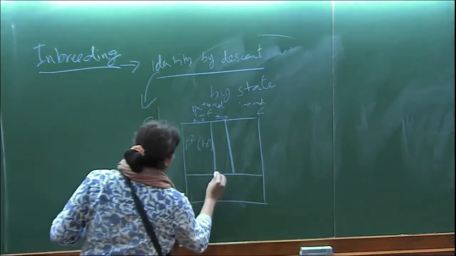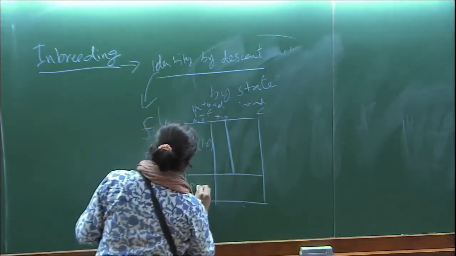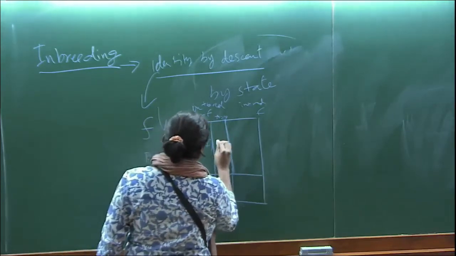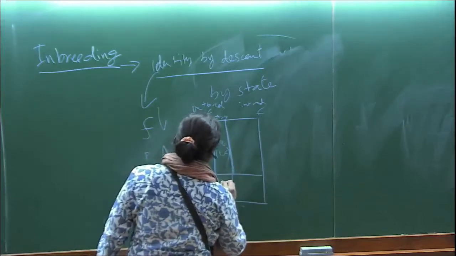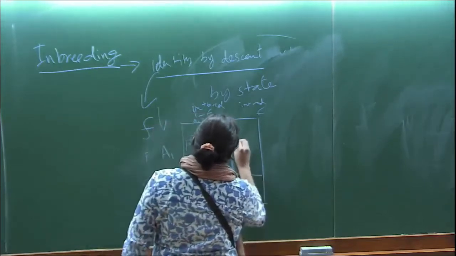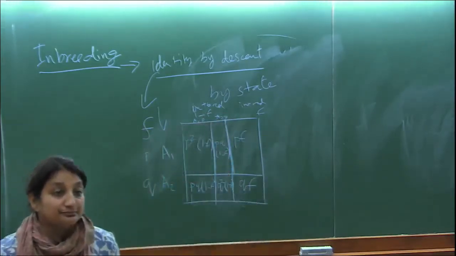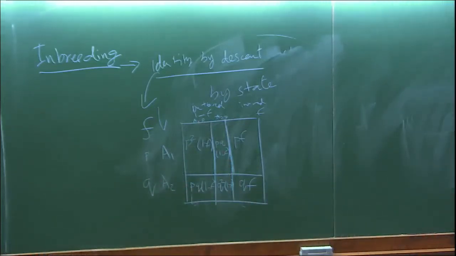Here you have PQ 1 minus F. Similarly, PQ 1 minus F. Q square 1 minus F. And here you have PF, here you have QF. That proportion of the alleles is inbred, right?